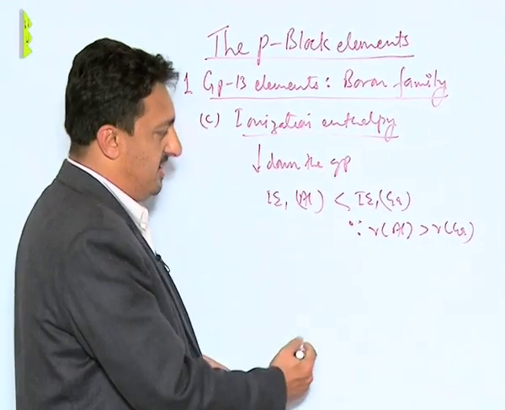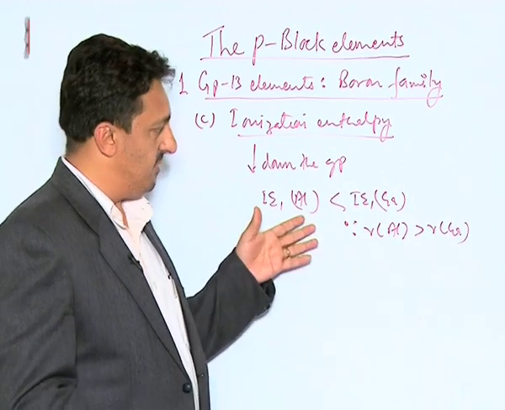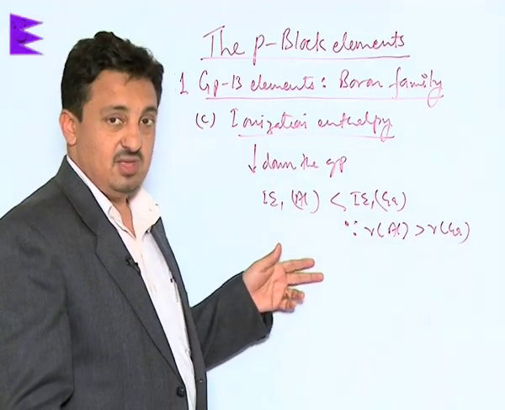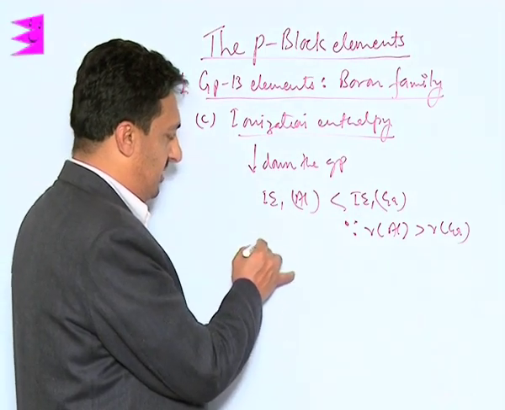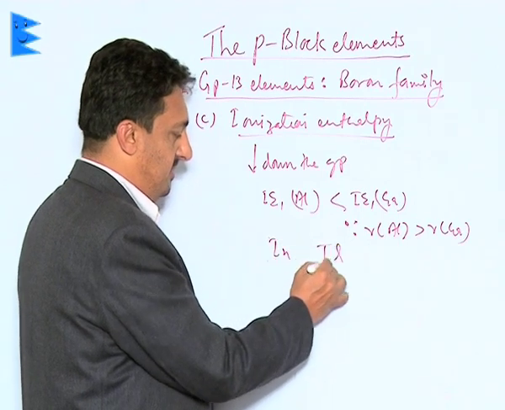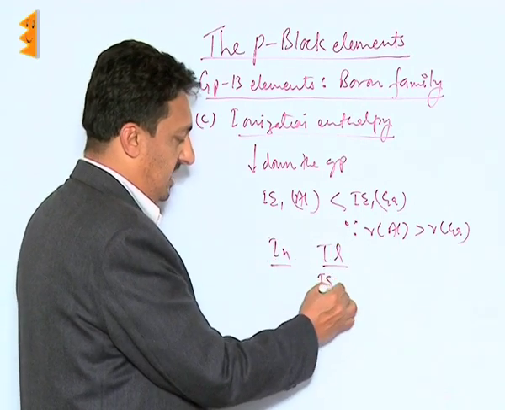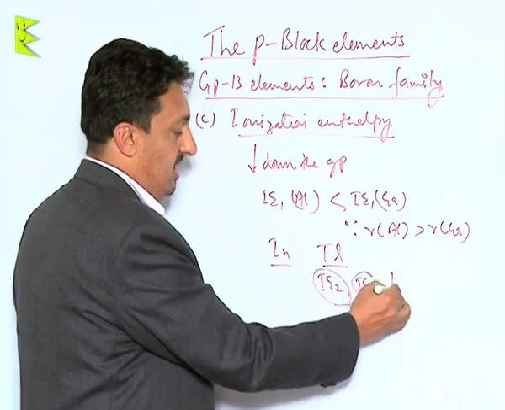Otherwise, it keeps on decreasing down the group. But what makes it very different is that in the case of indium and thallium, the second and third ionization enthalpies of thallium are high.